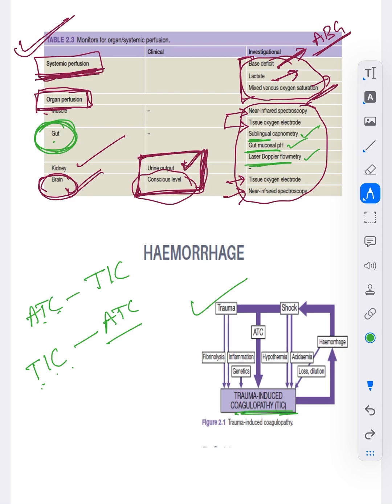Word wise both look similar, both sound similar, correct, but because such a diagram is given in Bailey and Love, we will have to remember that ATC ends up in trauma induced coagulopathy. Trauma induced coagulopathy is a bigger entity here. So ATC is a part of trauma induced coagulopathy. That could be a question.